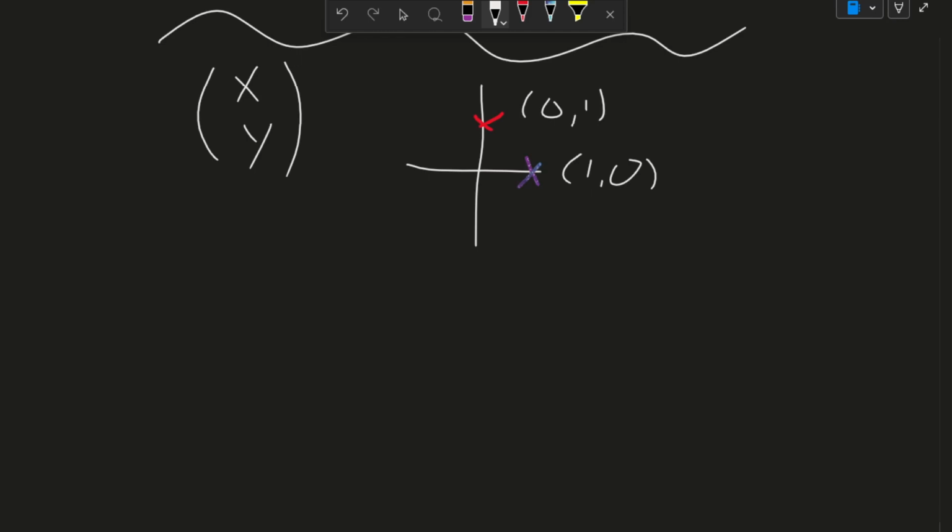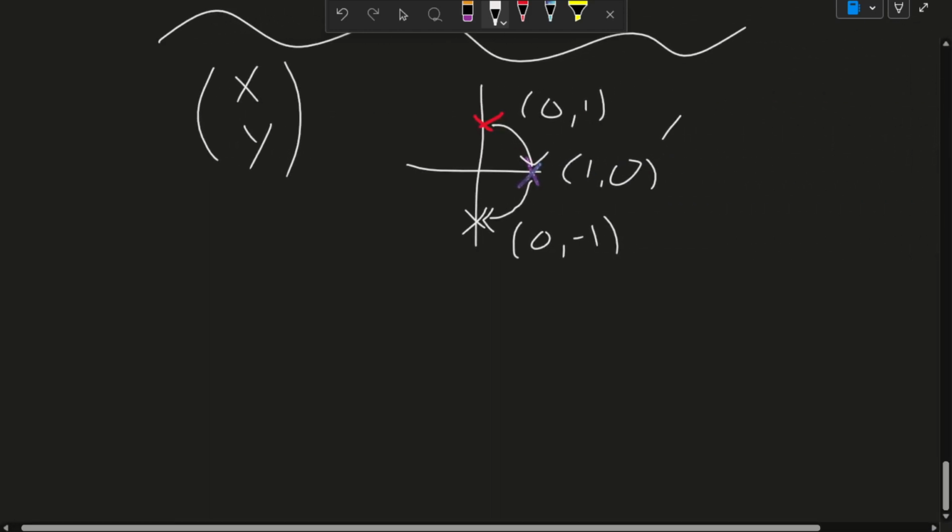Okay. Well, we want to rotate everything 90 degrees clockwise. So 1, 0 is going to end up here at 0, negative 1. And this is going to end up here at 1, 0, right?